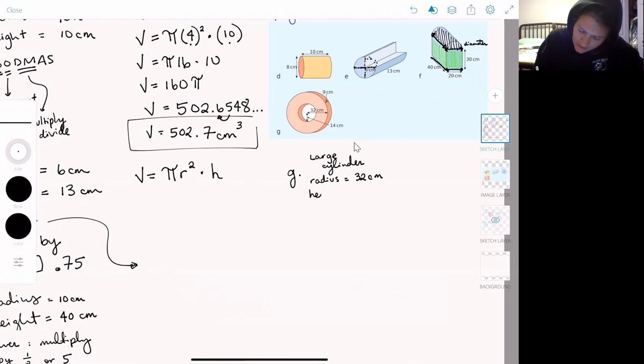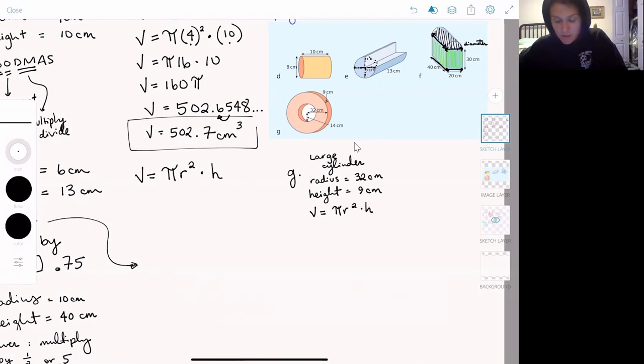And it has a height of 9 centimeters. Plug these values into that same equation that we've been using. You will get a large cylinder answer.